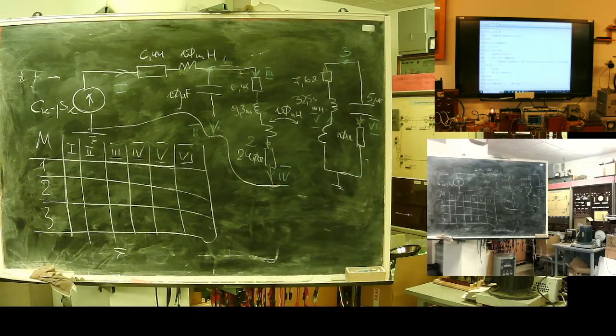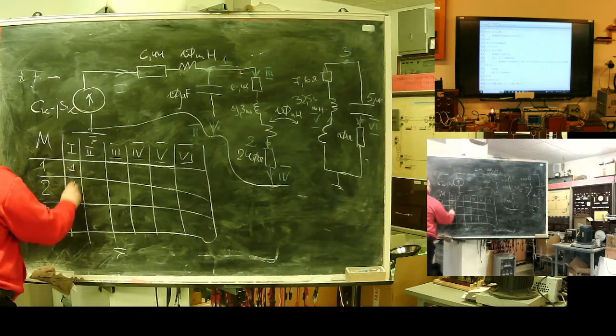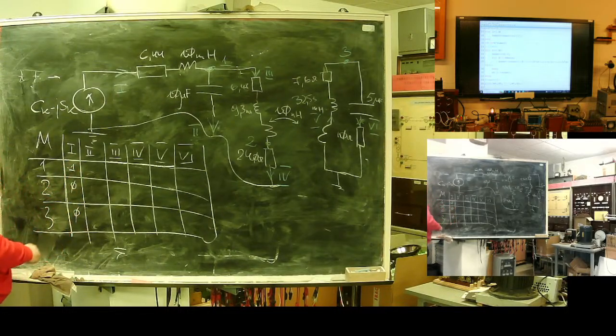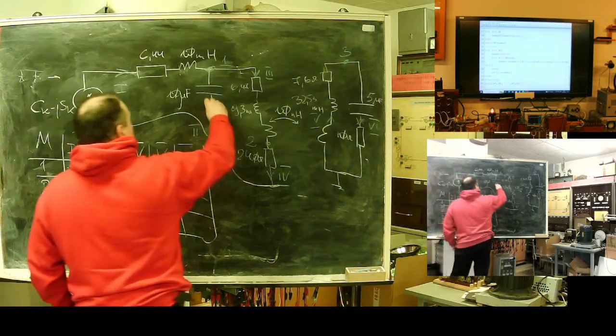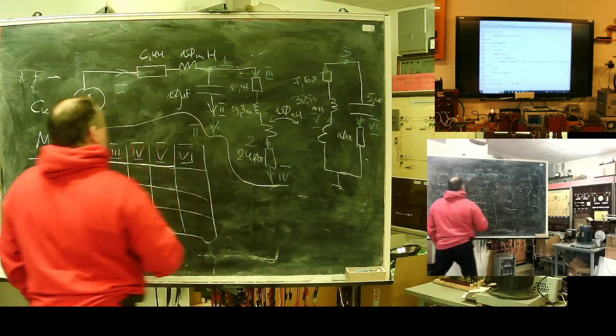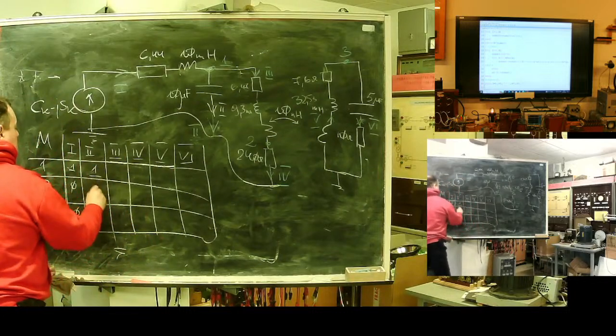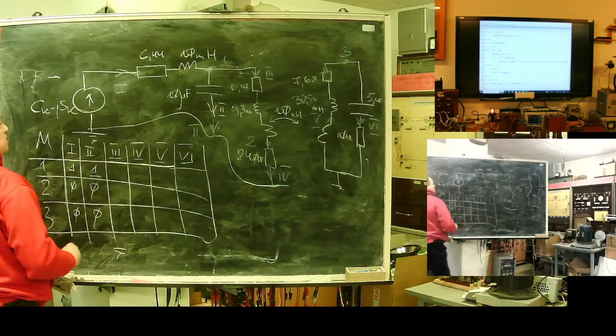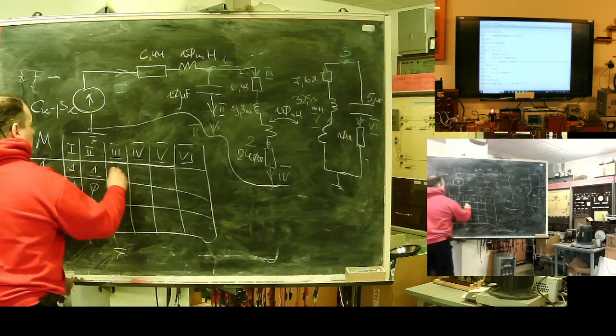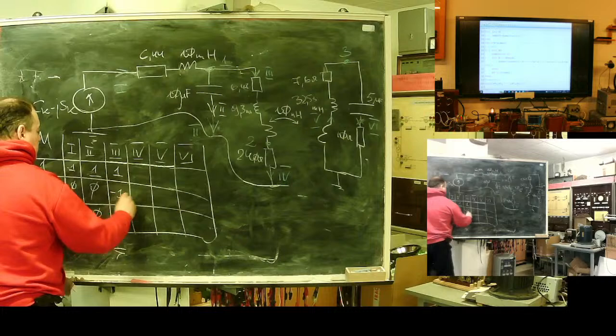Let's take a look. What can you tell about branch number 1? It flows from base node into node 1: minus 1, 0, 0. Branch 2 flows from node 1 into ground. Number 3, from number 1 into number 2.